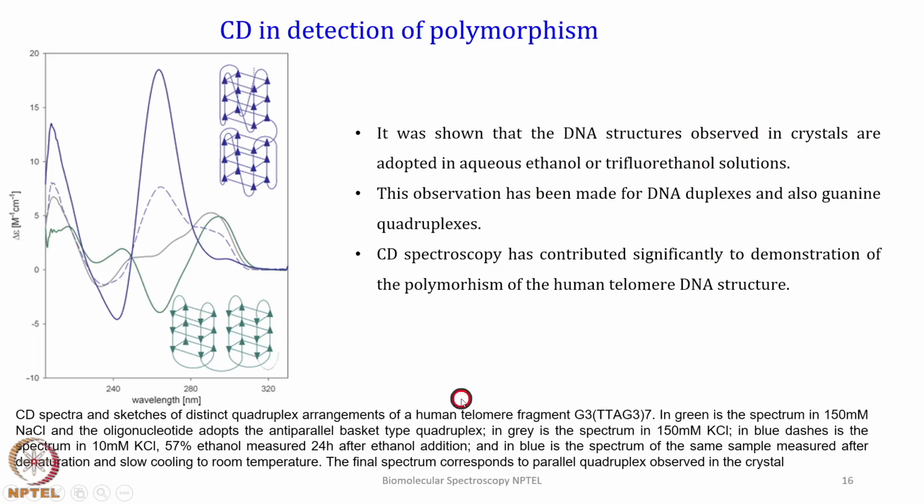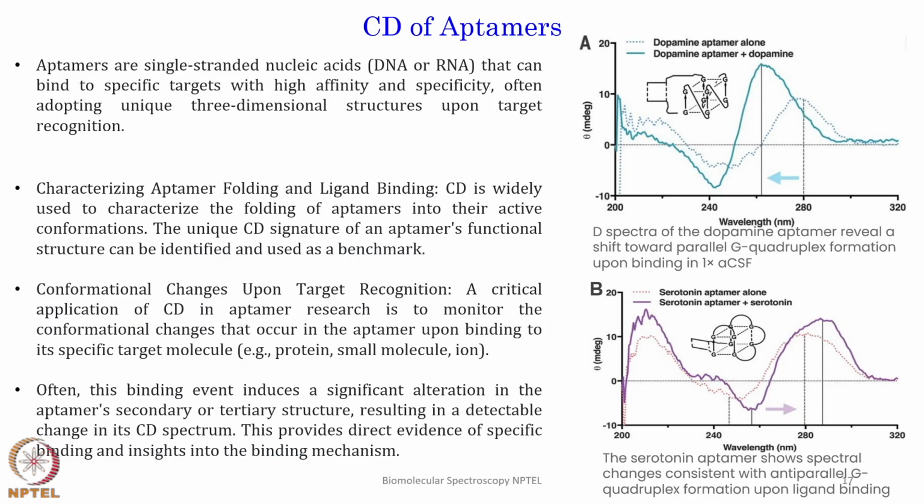CD has contributed significantly to demonstrating the polymorphism that may happen in human telomere DNA structure. Whether it is parallel, anti-parallel or mixed parallel, all will have a different signature; in the telomere region it can come from all of these structures, and therefore you can find out what kind of polymorphism it has.